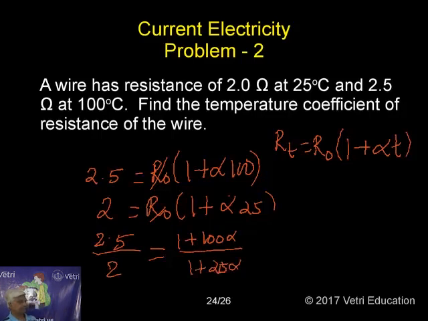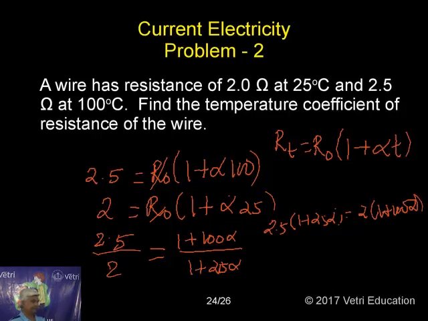On cross multiplying, what happened? 2.5 into 1 plus 25 alpha is equal to 2 into 1 plus 100 alpha. That is 2.5 plus 62.5 alpha is equal to 2 plus 200 alpha.